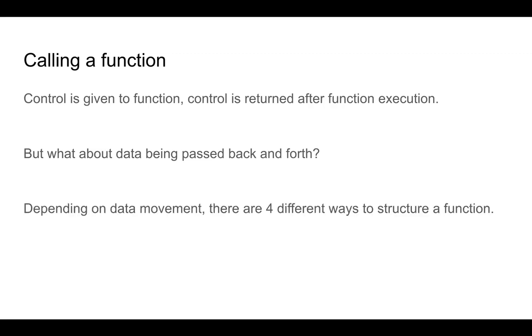When we consider this aspect of function usage, there are four possibilities for the connection between a function and the program that calls it. In this video, we will work through all four of those. This should give you an understanding of the different ways in which you can write functions to do some of the work required in programs that you develop.